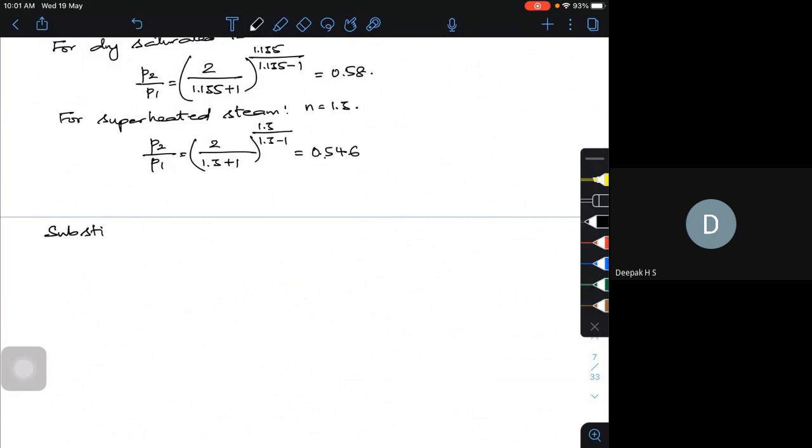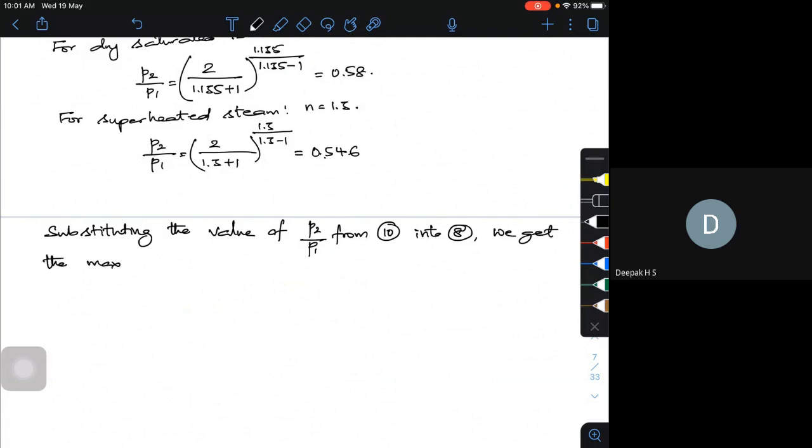Substituting the value of P2 by P1 from equation 10 into equation 8, we get the expression for the maximum discharge, or maximum mass flow rate, whatever it may be.